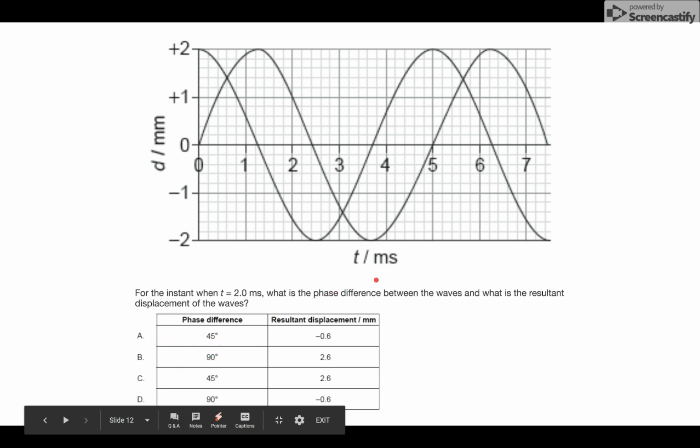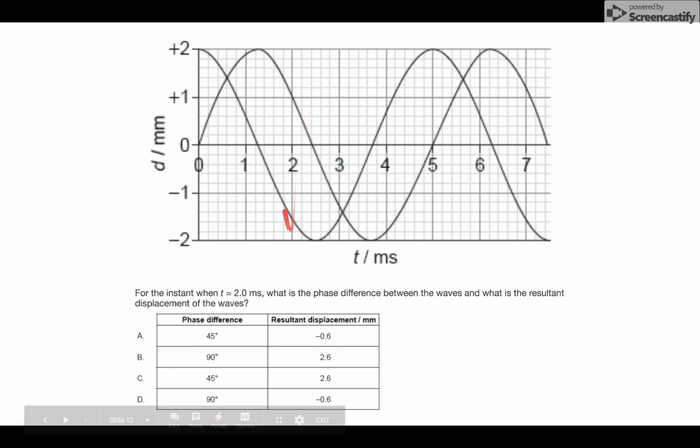The next point is finding the resultant displacement. Based on the rule, at t equals 2 milliseconds, all we have to do is find the displacement of this wave at this point, and the displacement of the other wave at this point, and add them up, and that's the answer.